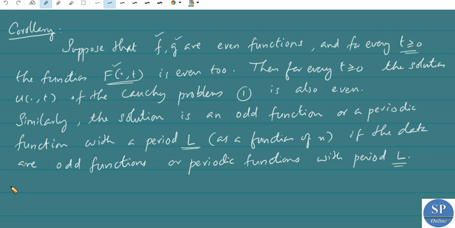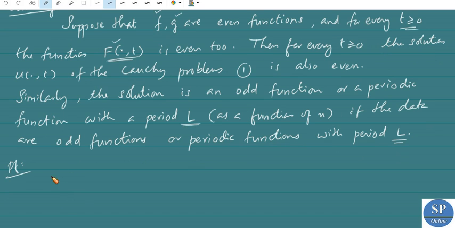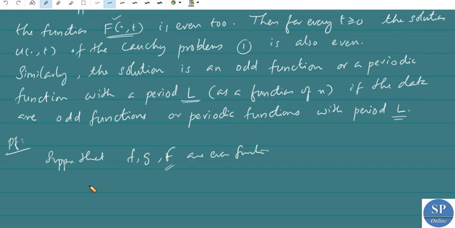So, how to prove this? Suppose that f, g and capital F are even functions, with F even with respect to x, and let u be the solution of the Cauchy problem 1.